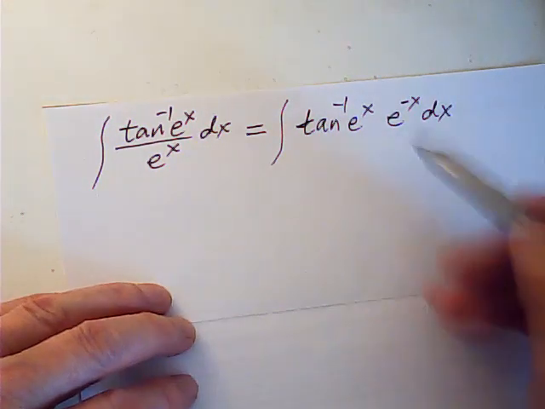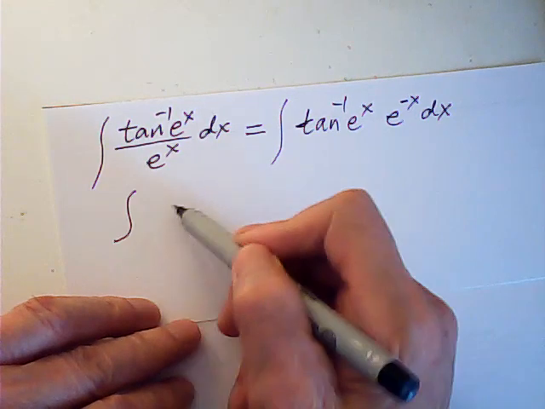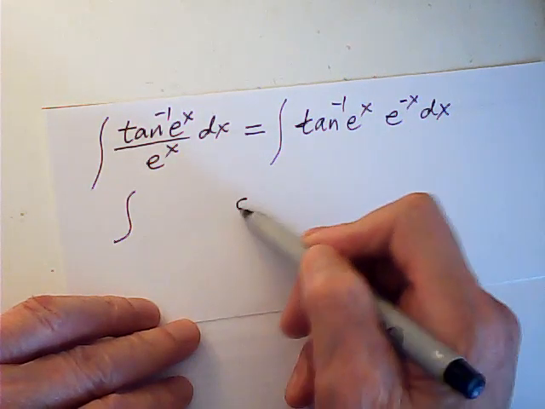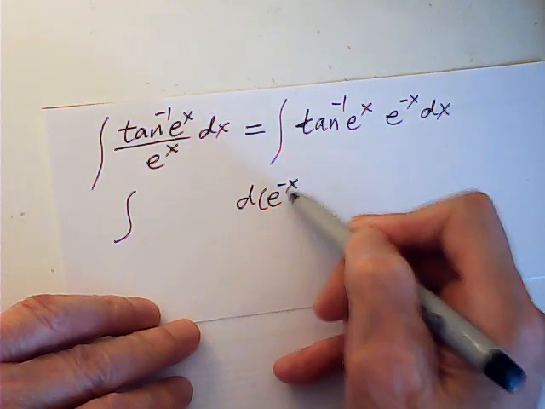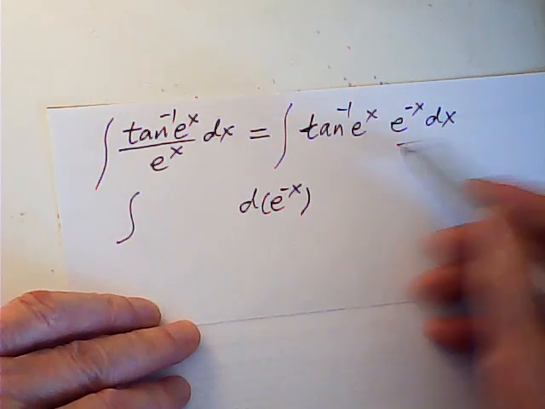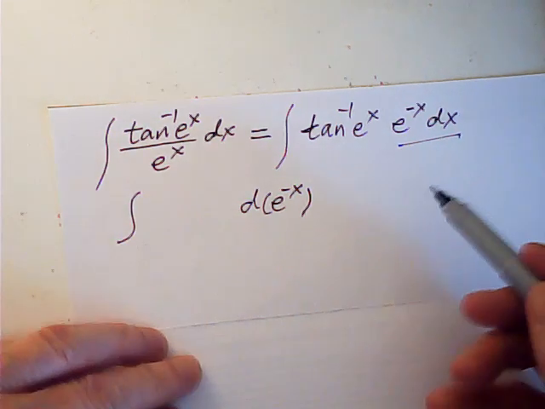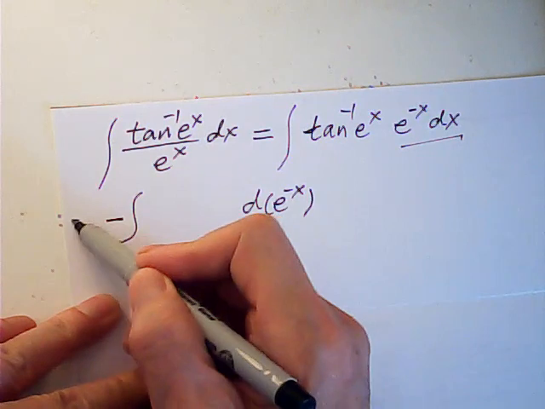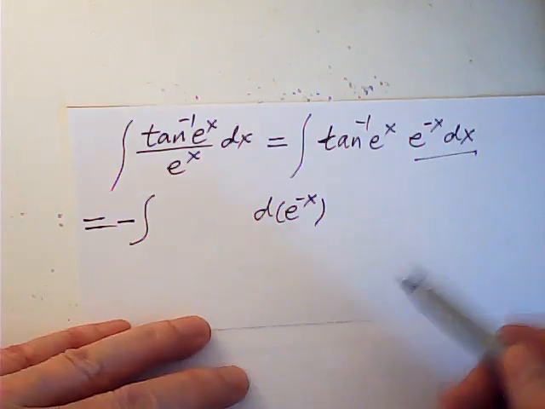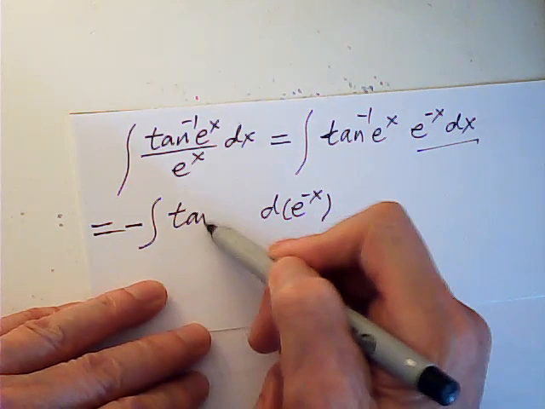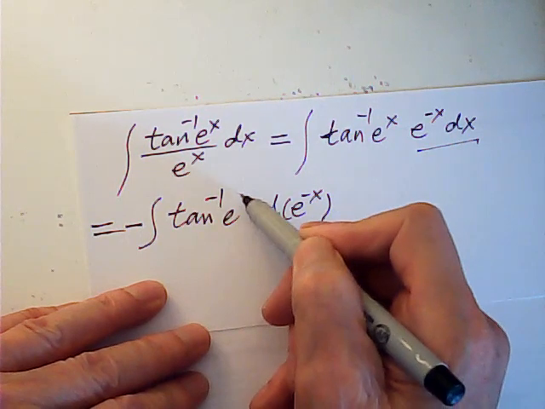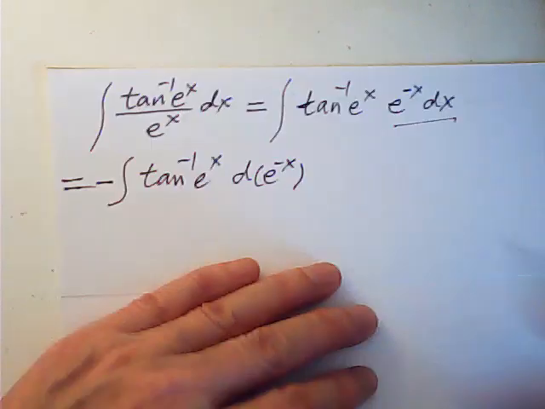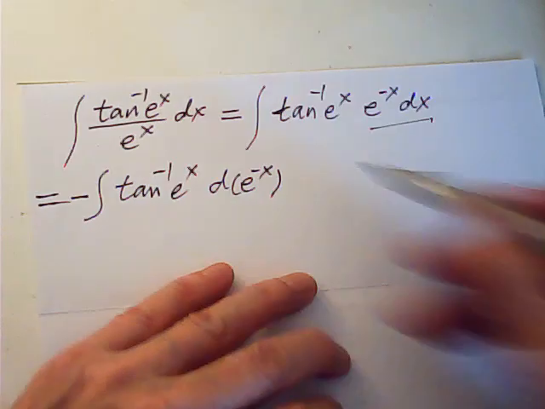Then I associate these two as the derivative of e to the negative x, right? These two is this, and there's a negative outside. I'll leave the negative outside. So this is arctangent e to the x. Now I can use integration by parts.